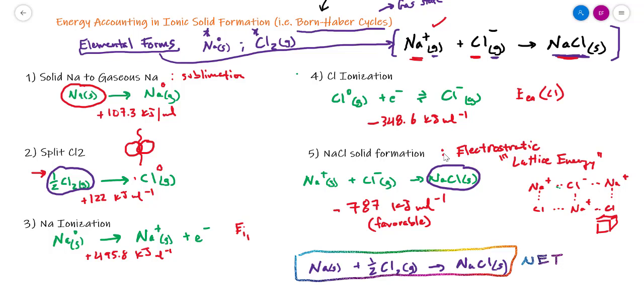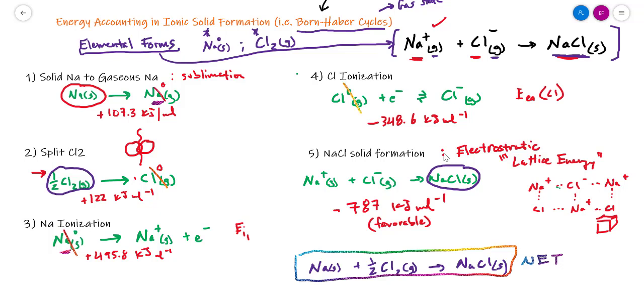We took sodium gas here, but then sodium gas is also used here as a reactant. So product side, reactant side, those two cancel each other out if we were to add all of these reactions up together. The same would be true for chlorine gas. It shows up on the product side here and the reactant side here, so those two things go away.